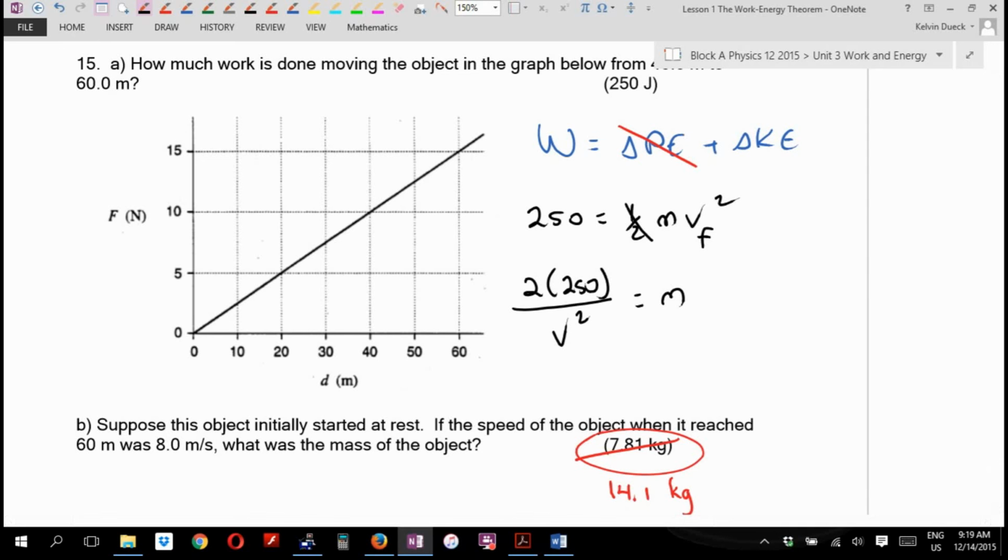Humbly, I'll suggest probably that's faster than what you did, 3 lines. But yeah, you could get there by saying what? What did you use for your force? Force 15, because at 60 meters the force on the ground is 15.